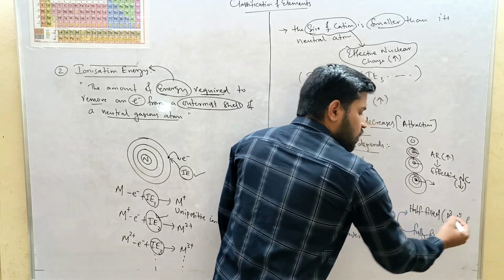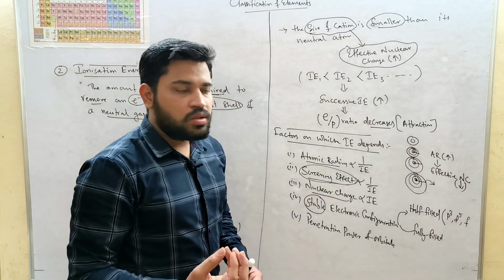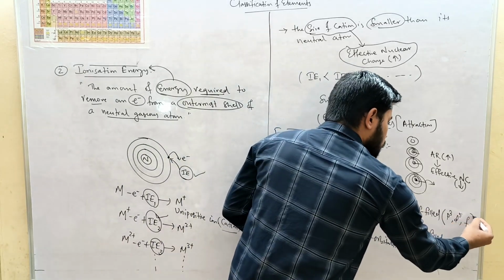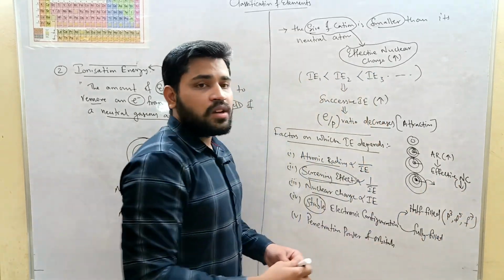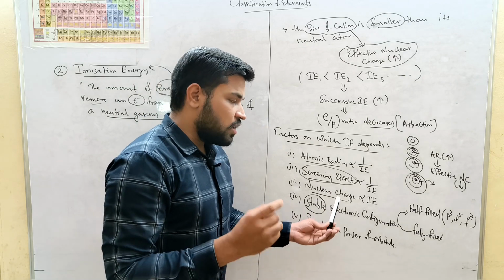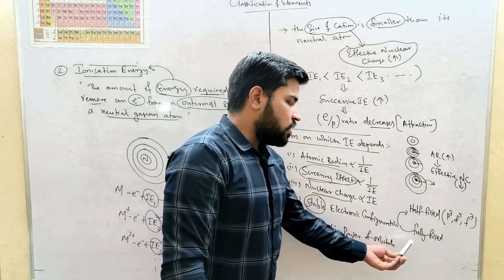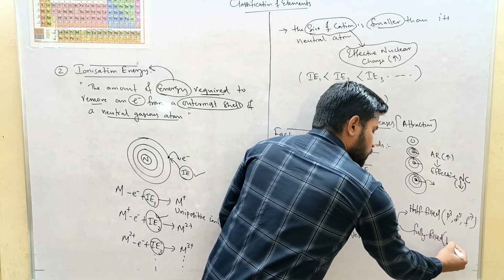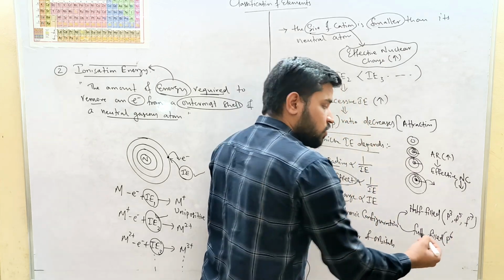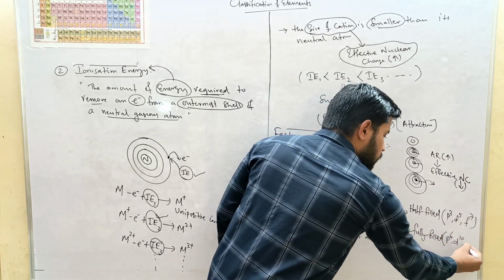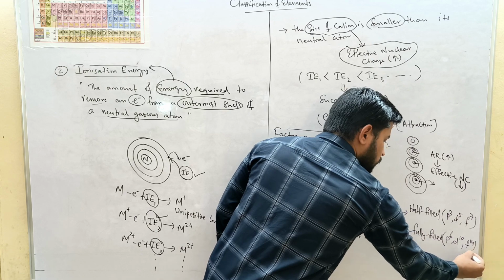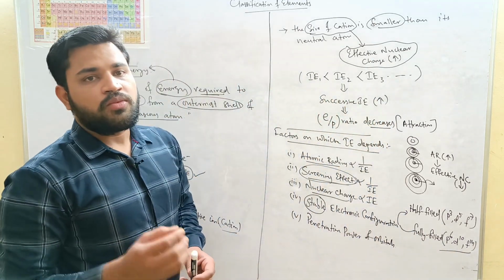Similarly for f, its capacity is 14 electrons, so when it is holding 7, we can say the orbital is half filled. It is fully filled when p occupies 6 electrons, d occupies 10 electrons, and f occupies 14 electrons.